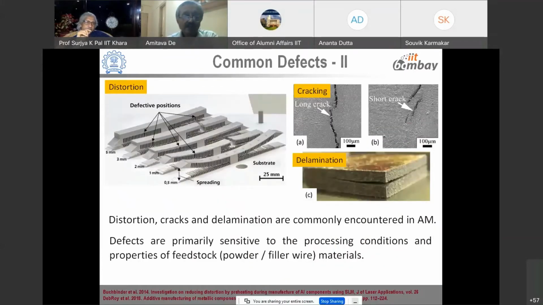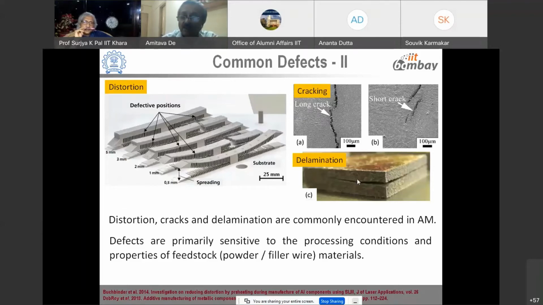There are defects like distortion, for example. As we melt and the materials solidify, they shrink, so it is obvious that they would get distorted. There would be cracks if the solidification is not happening appropriately, and there are contraction stresses which cannot be withstood by the solidified or about-to-solidify liquid-solid zone, resulting in long cracks and short cracks.